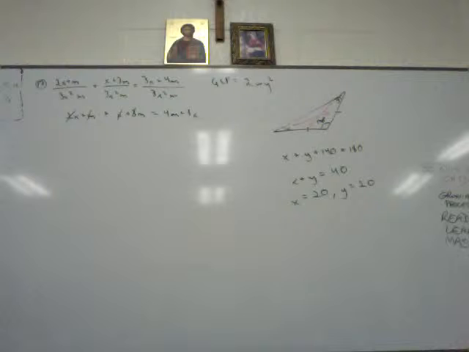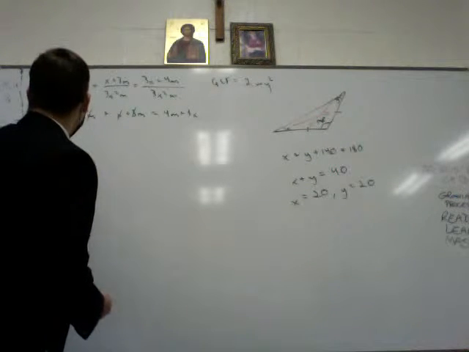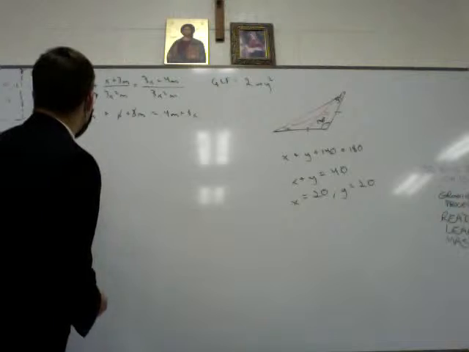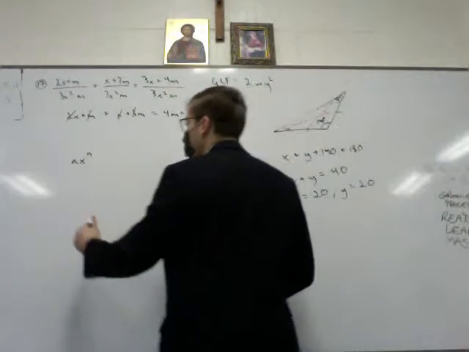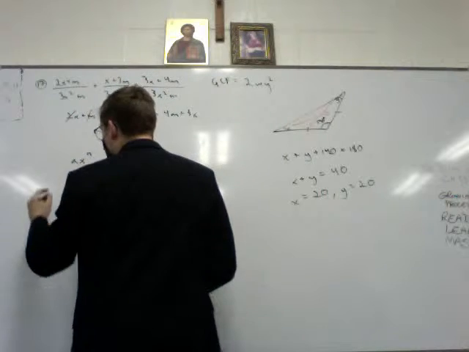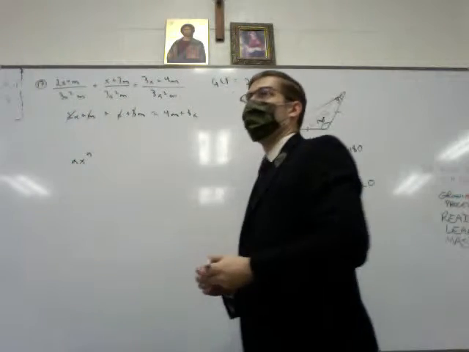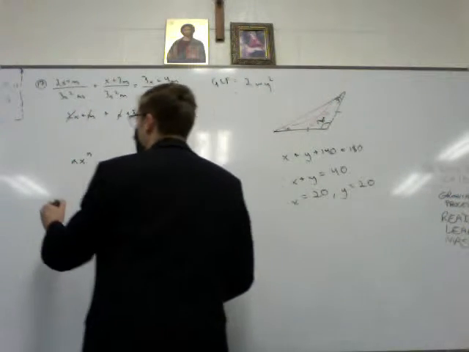So let's talk briefly about, yesterday we were talking about polynomials, which are things where each term has the form ax to the n, with a coefficient, a variable, and an exponent. You can have multiple terms in your polynomial.